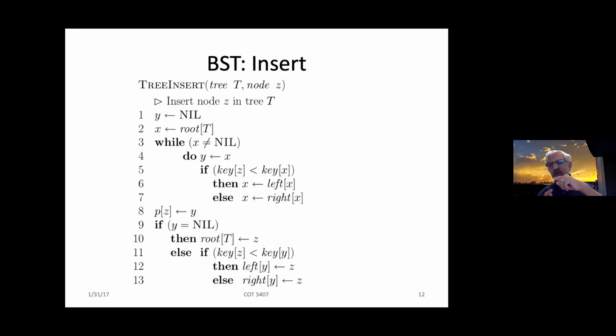It keeps track of the parent of x. And that way, even though x falls off the tree and becomes nil, y is still going to be pointing to that parent node. So to start with, x will be the root of the tree and y will be its parent, which is of course nothing, right? So that's your initialization. Lines 1 and 2 are initializations.